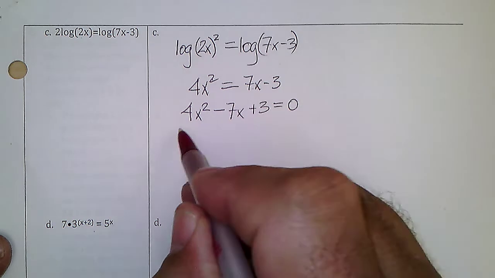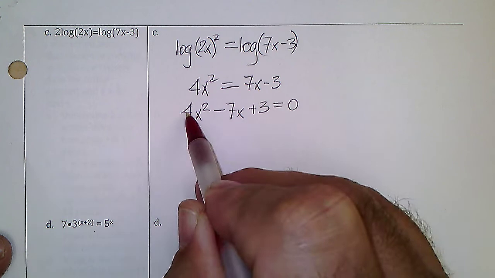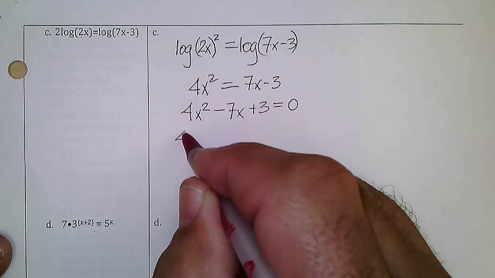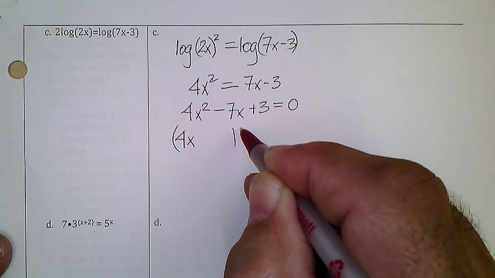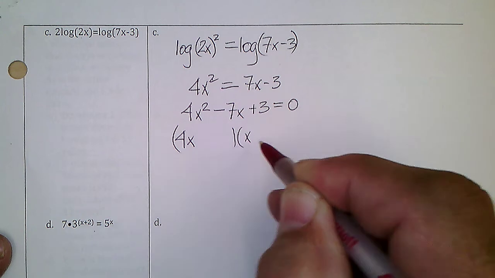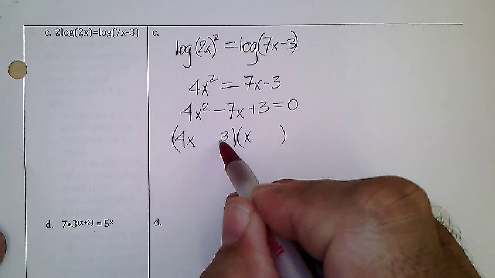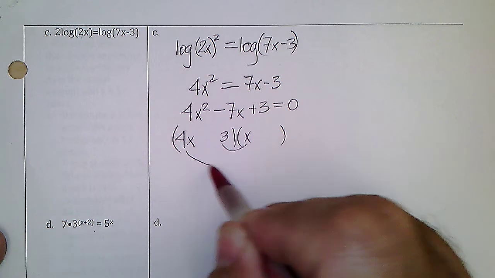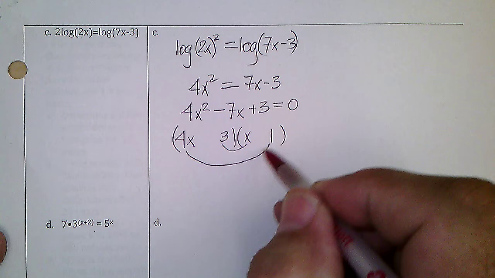If I factor, I believe this factors, let's see, I got to get 7. I could do 2x and 2x or 4x and 1x. I think I'm going to need 4x and 1x. And if I put a 3 here, I'm going to get 3x. And if I put the 1 here, for 3 times 1 is 3, I'll get 4x and 3x.